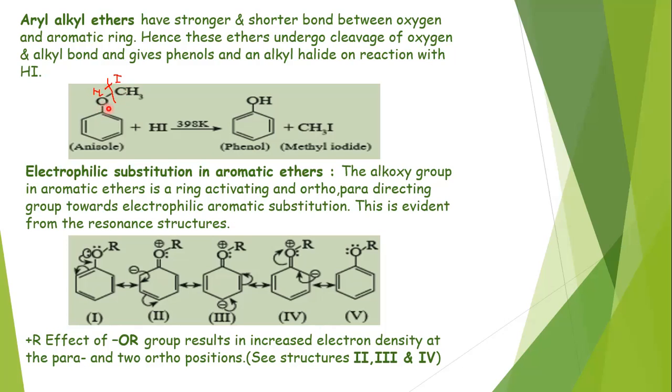So when HI reacts with this, instead of breaking this shorter bond, this slightly longer bond undergoes cleavage, and phenol is the product along with the halide of the alkyl group. Okay, alkyl halide and phenol are formed.